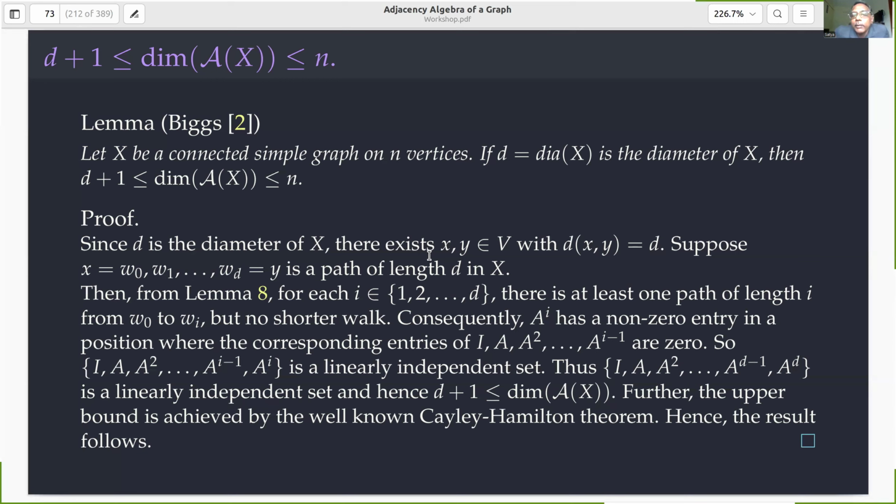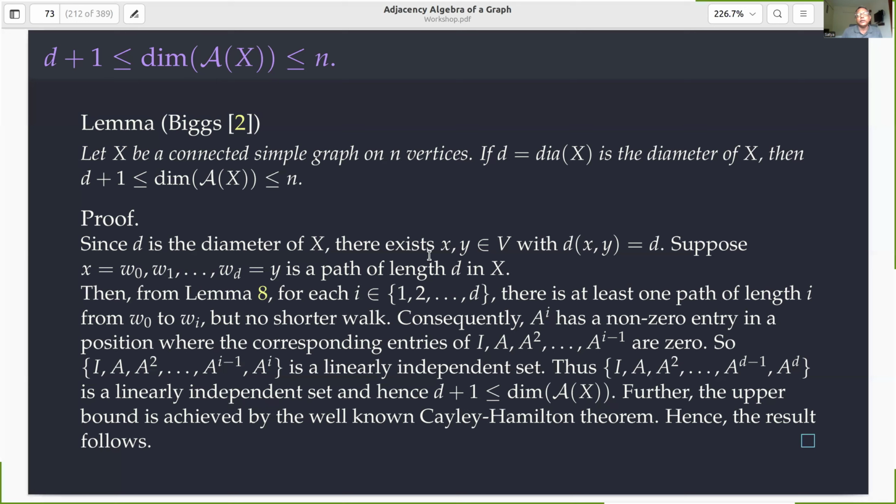Why are they linearly independent? In A power d only, the ijth entry becomes 1. Before that, it is 0. So it is easy to see that these are linearly independent.